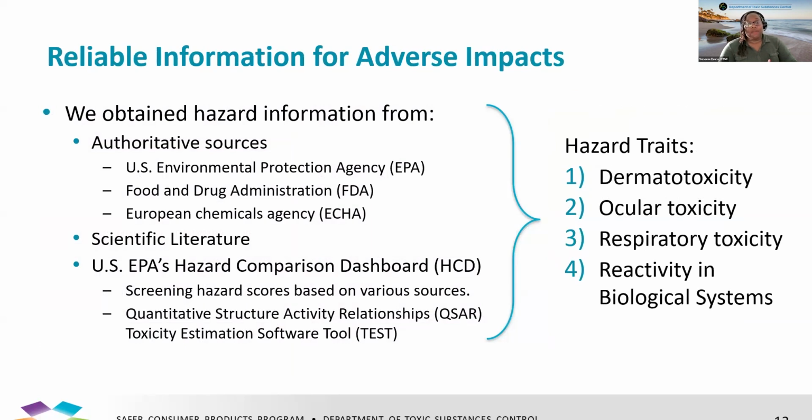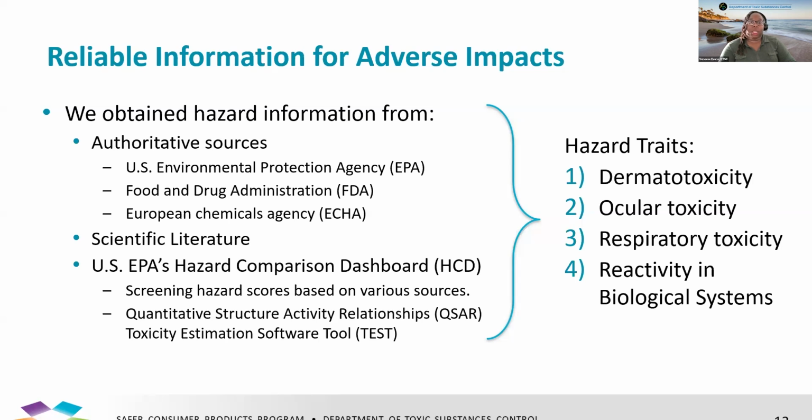We are required to identify potential adverse impacts associated with the list of acid and bases we are proposing. We use information from authoritative sources such as US EPA, FDA, and the European Chemical Agency to gather hazard trait data. In addition, we use the US EPA's Cheminformatic Hazard Module, also known as the Hazard Comparison Dashboard, to determine hazard scores for various human health and ecological toxicity endpoints and environmental fate parameters.